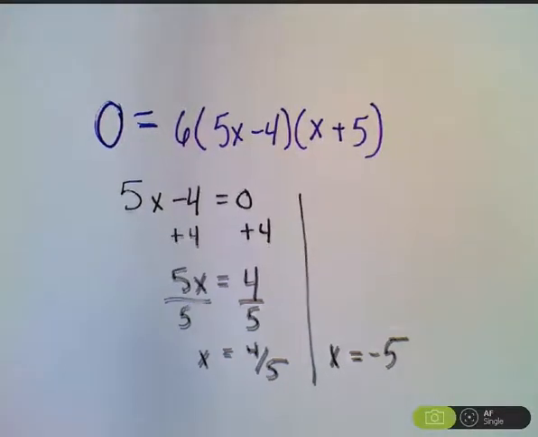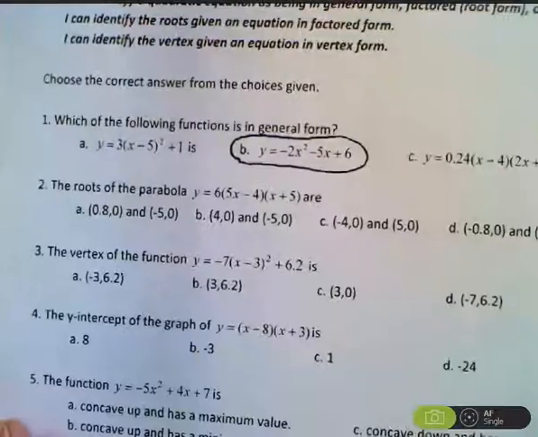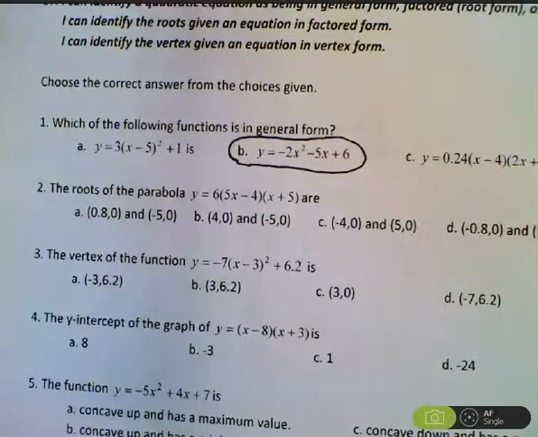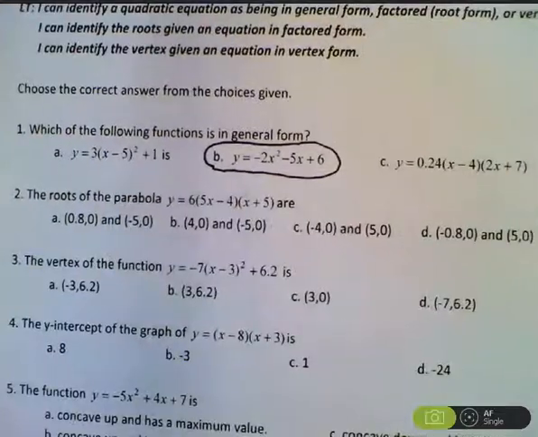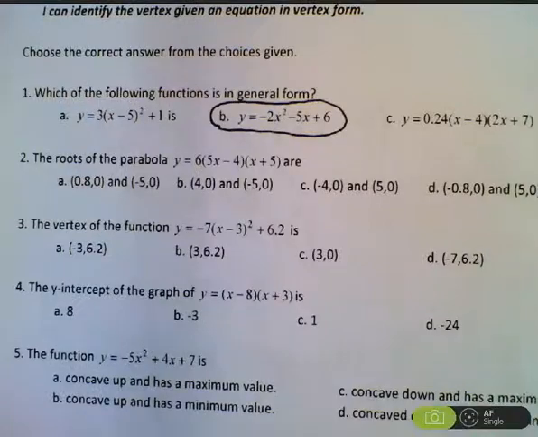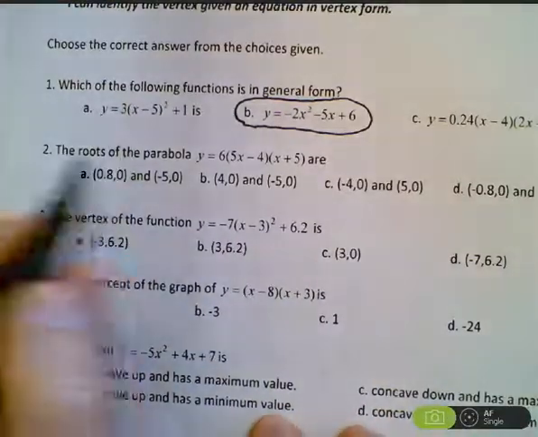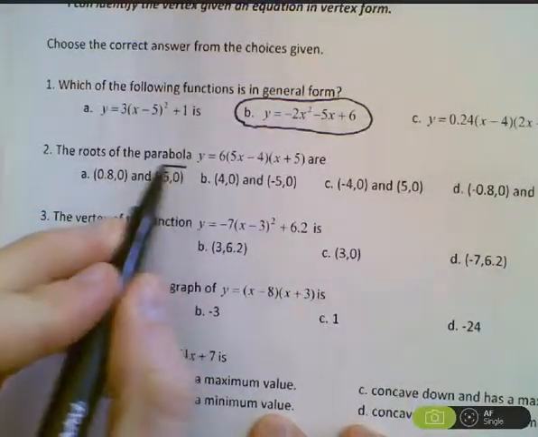And so going back to our worksheet, the roots of the parabola are, let's see here, it's going to be 0.8 and negative 5, 0.